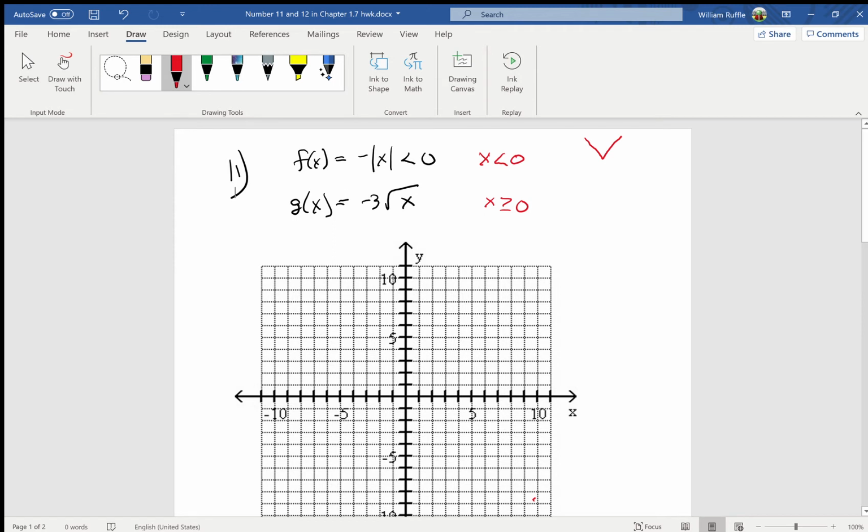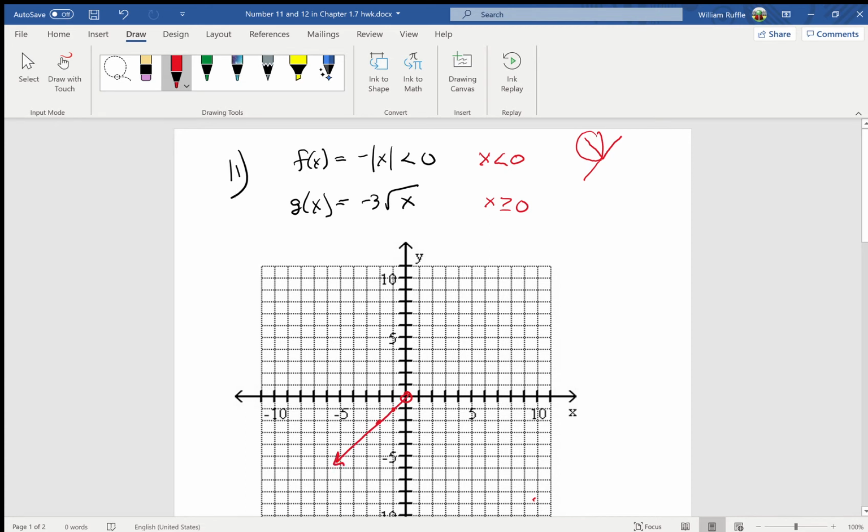And since it's a negative outside, I'm going to flip it over the x-axis. I only want less than 0, so at 0, 0, I'm going to put an open circle. And then really it's just the negative x line, which is just going down this way, goes out there.